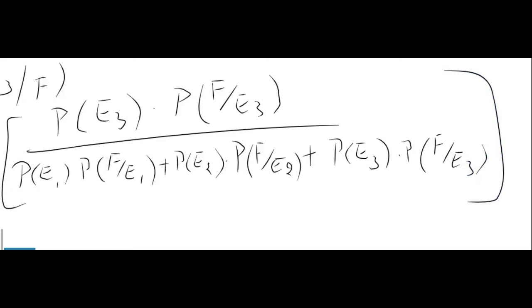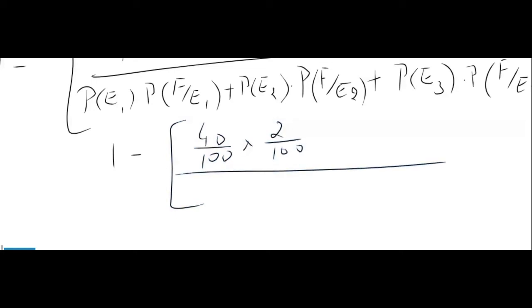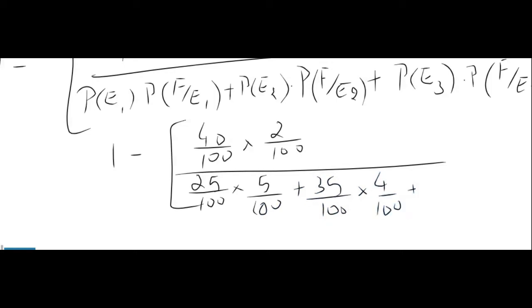Now, having known all the values, we can quickly substitute this. So that will give you 1 minus 40 by 100 into 2 by 100, the whole thing divided by 25 by 100 into 5 by 100 plus 35 by 100 into 4 by 100 plus 40 by 100 into 2 by 100.